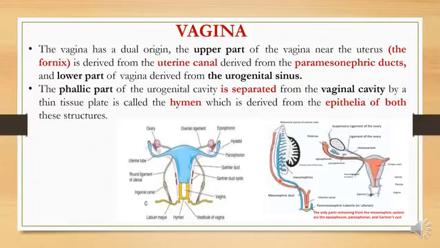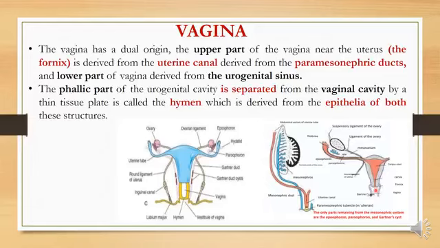The vagina has a dual origin. The upper part of the vagina near the uterus is called the fornix. The fornix is derived from the uterine canal, which forms from the fusion of the two paramesonephric ducts, left and right.